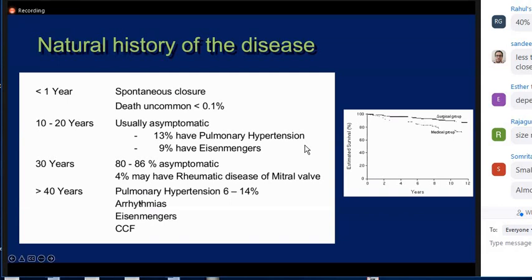This pulmonary hypertension is slightly higher in the age group above 40 years. After that, above 60 years, it's unlikely that any new cases will develop heart failure; usually it happens in the middle age group.